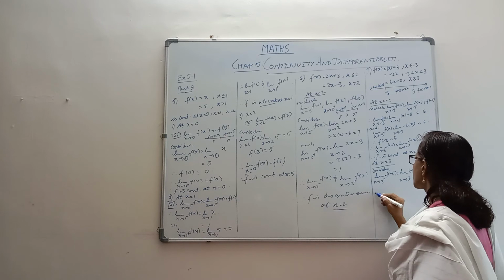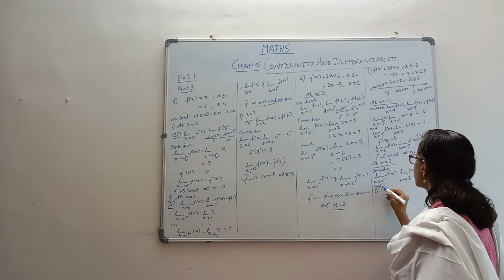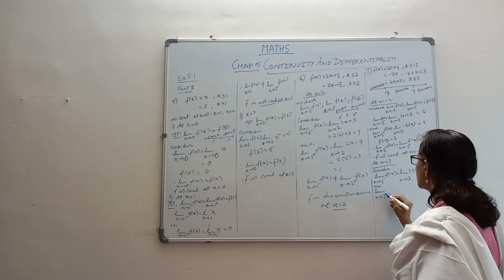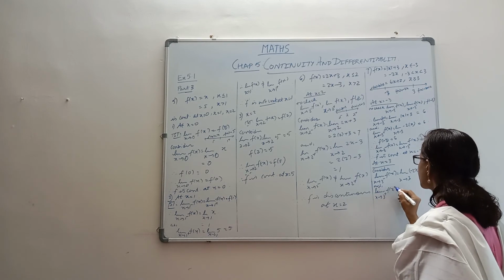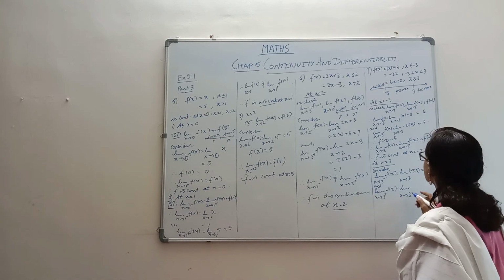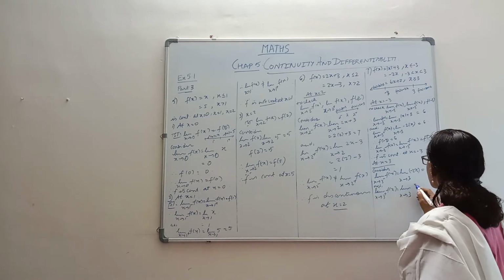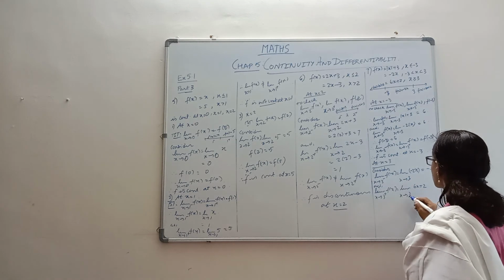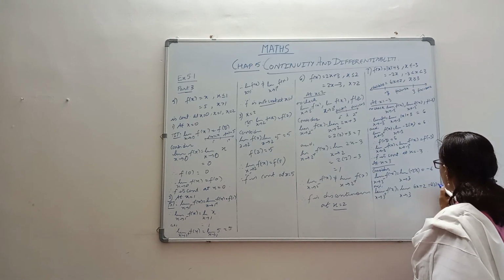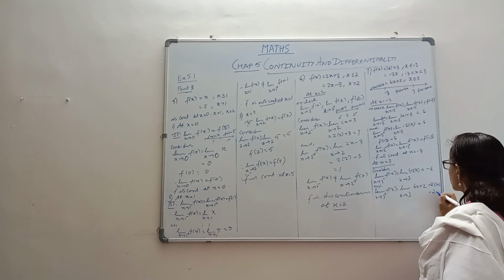Then limit as x tends to 3 from the plus side, that means on the right side, it is 6x plus 2. So let's substitute: 6 into 3 plus 2. So that is 18 plus 2, 20.